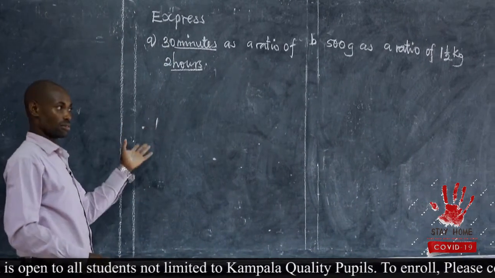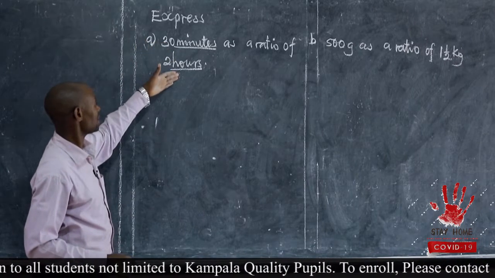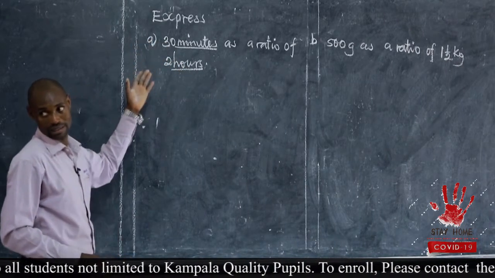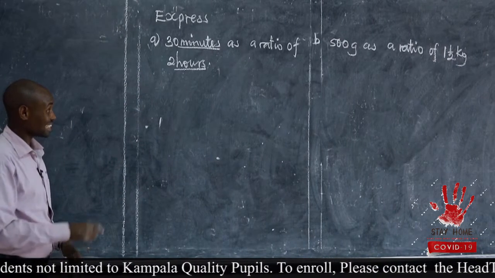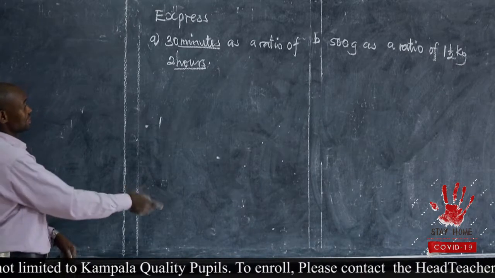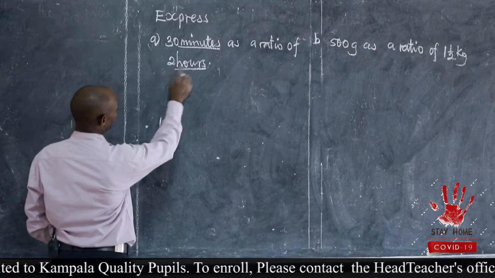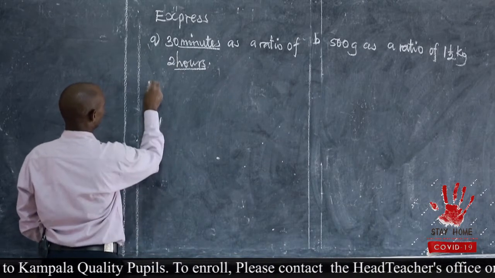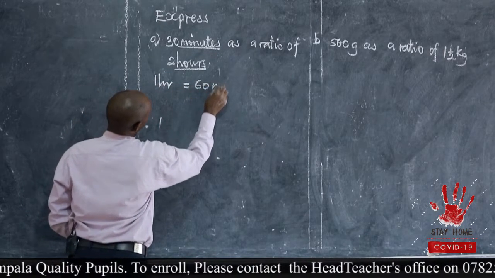I took you through all the methods, but as a good student of mathematics, you should know that this one is going to be faster. So I'm going to convert 2 hours to minutes, and we know that 1 hour is equal to 60 minutes.